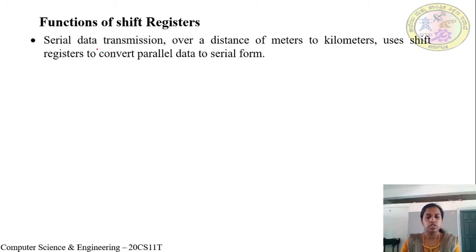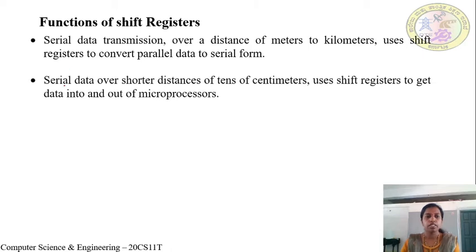Serial data transmission and parallel to serial data transmission: over a distance of meters to kilometers, shift registers are used to convert parallel data to serial form. Serial data over the shortest distance of tens of centimeters uses shift registers to get data into and out of microprocessors.